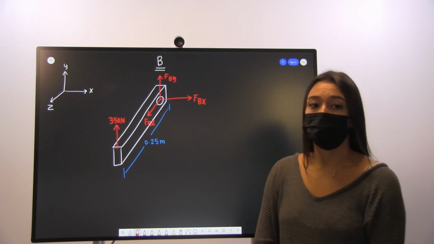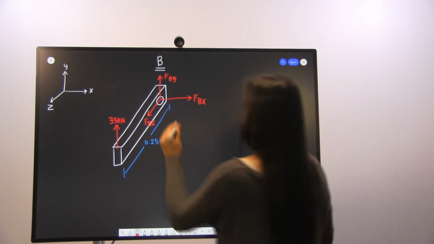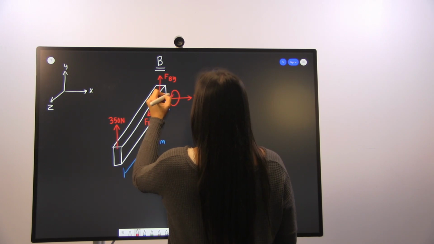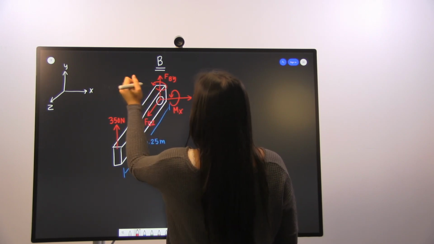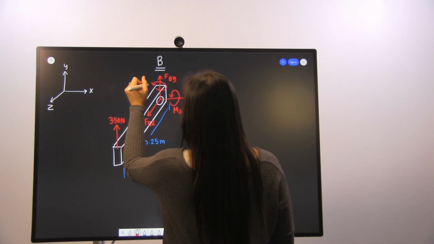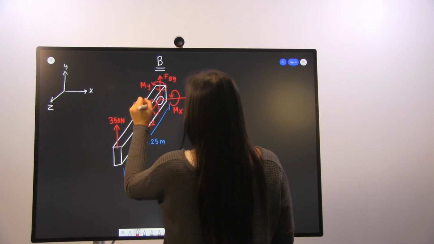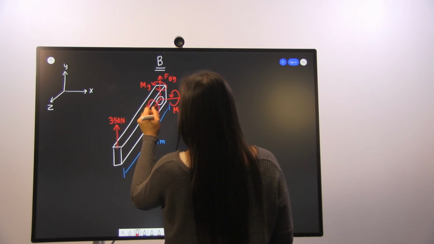And we're also going to have moments about each of those axes as well. So we'll have a moment about the x-axis, a moment about the y-axis, and about the z-axis.